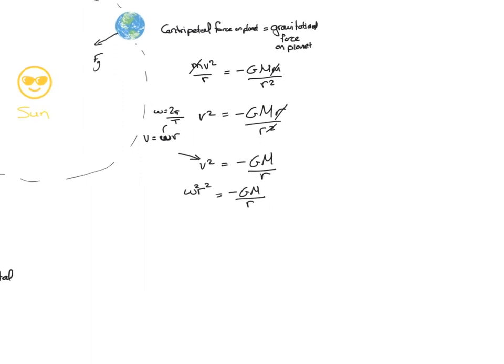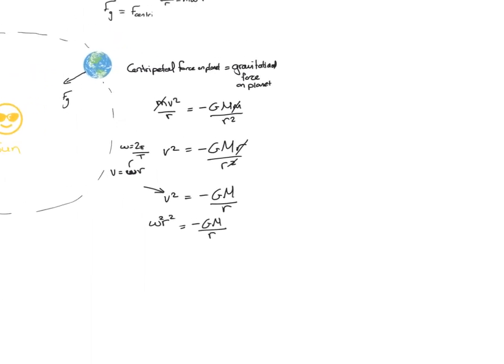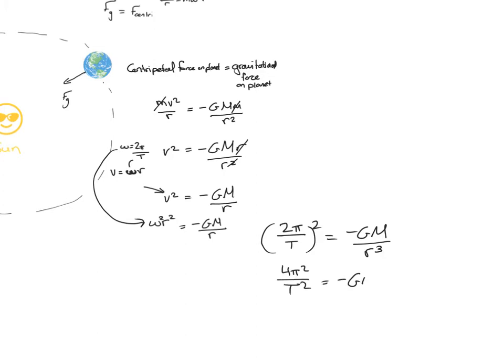I will rearrange this equation, so that will be 2 pi over T squared is equal to minus GM over r cubed, because I divided both sides by r squared. And we have 4 pi squared over T squared is equal to minus GM over r cubed.